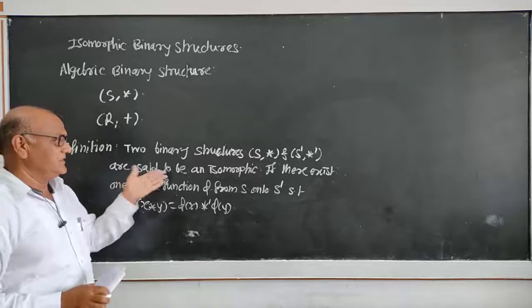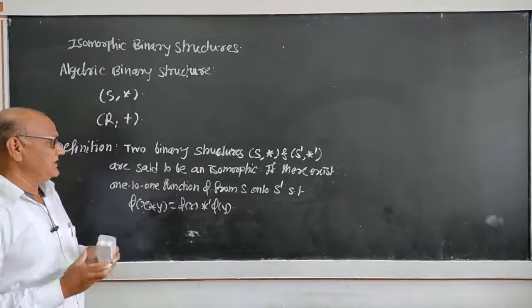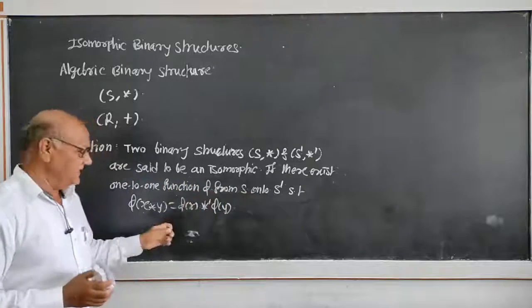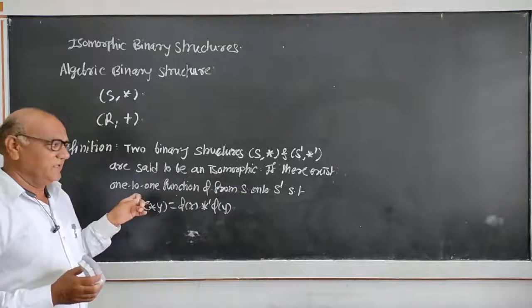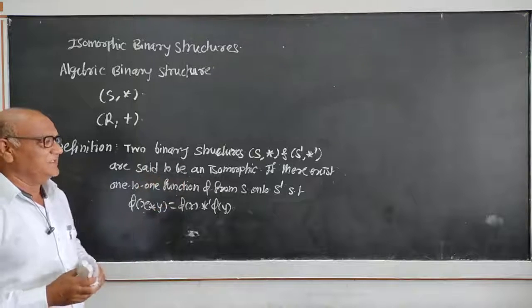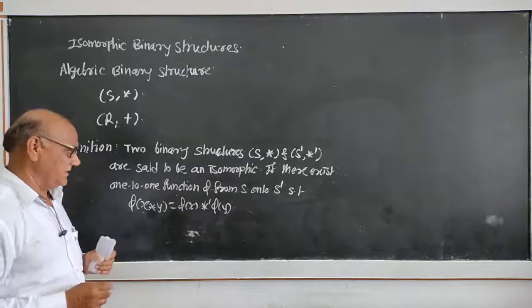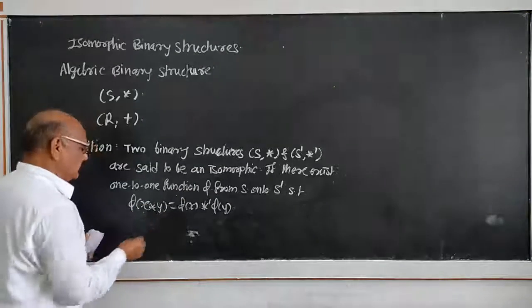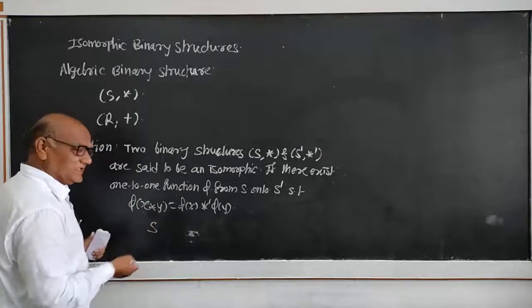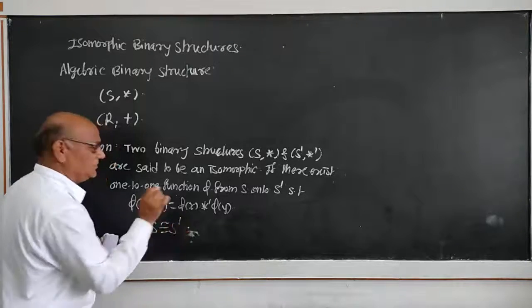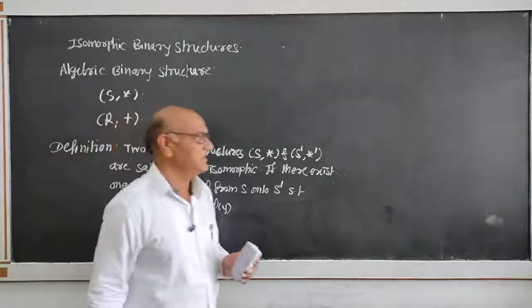That means there exists a function from S to S' which is one-one, onto, and this condition is satisfied. Then we say that these two binary structures are isomorphic. If such a map exists, it is denoted by S isomorphic to S'.